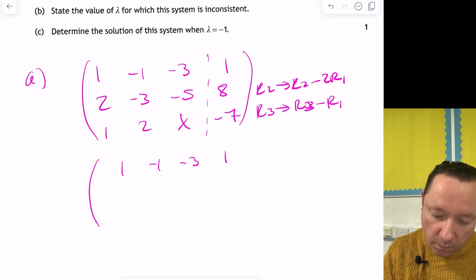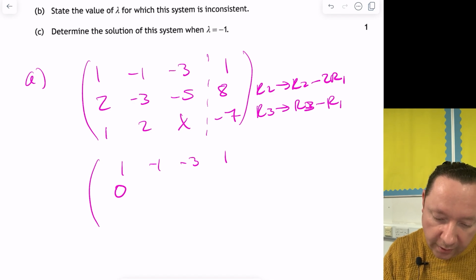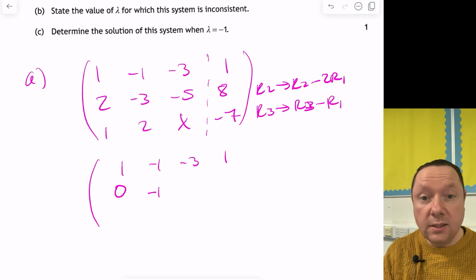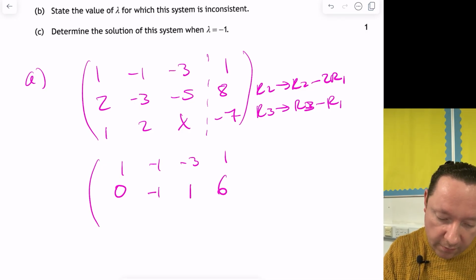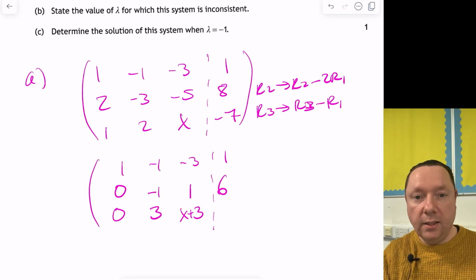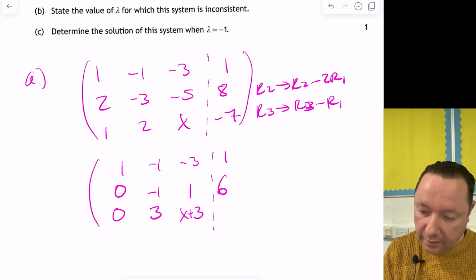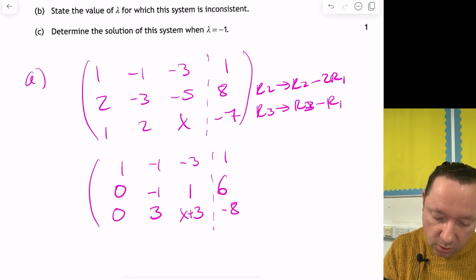And then you've got 2 minus 2 is 0, minus 3 plus 2 is minus 1, minus 5 plus 6 is 1, and 8 minus 2 is 6. And then 1 minus 1 is 0, 2 plus 1 is 3, lambda plus 3, and finally minus 7 minus 1 is minus 8.